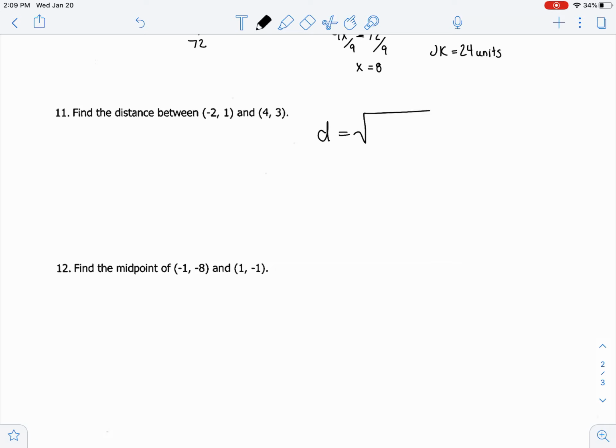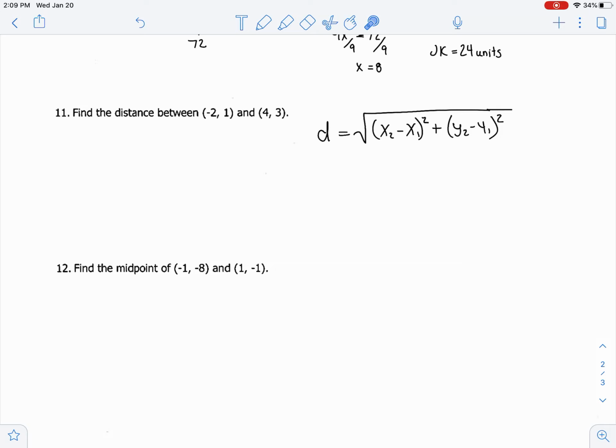The distance formula reads x2 minus x1, so we subtract in the parentheses and then square. No matter what we get here, when you square it, it will be positive. Then we add it to the squared difference of the y's as well, y2 minus y1. And so I like to label my points.